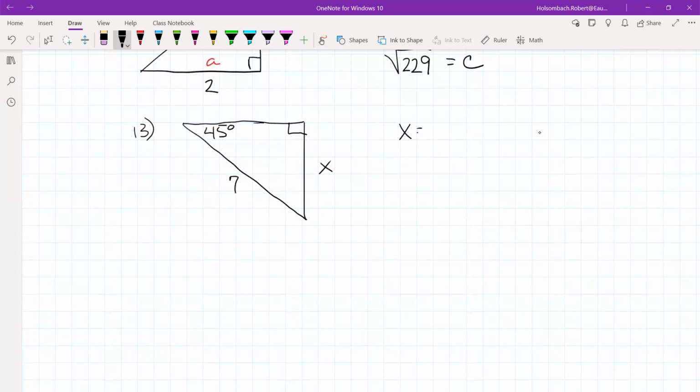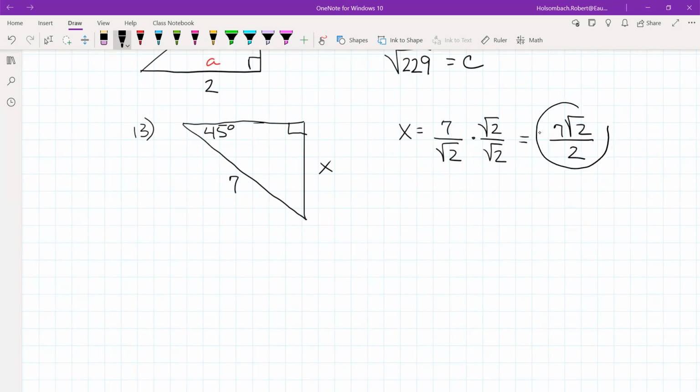So x is equal to 7 divided by square root of 2. We're going to rationalize the denominator. So in the numerator, we get 7 radical 2. In the denominator, we get square root of 2 times square root of 2 is the square root of 4, which is equal to 2. So here's your simplest radical form.